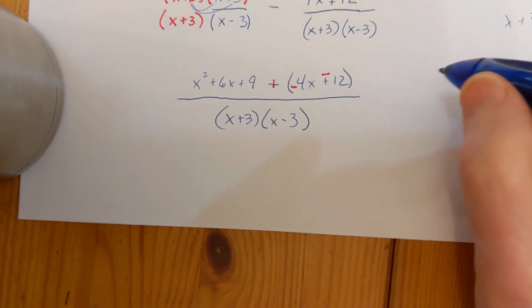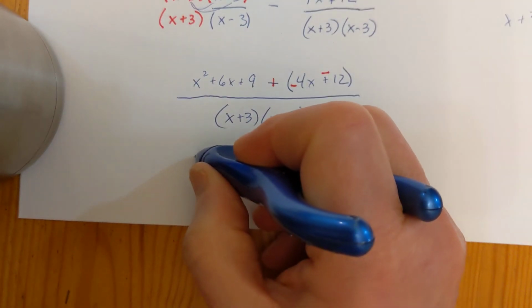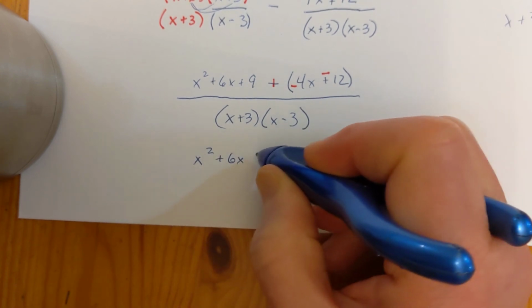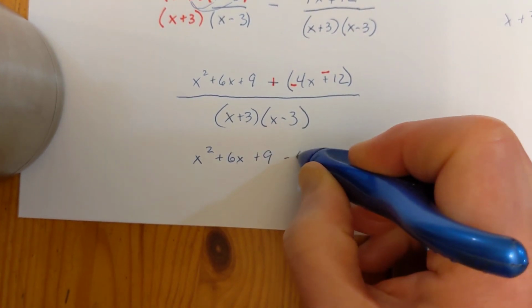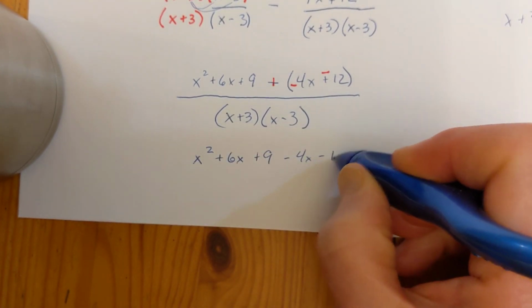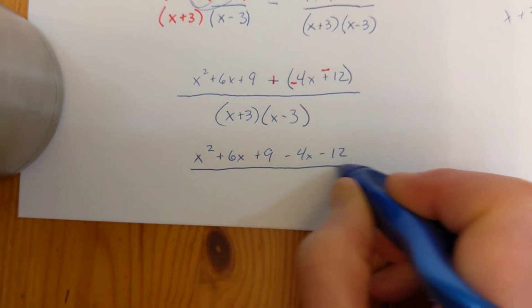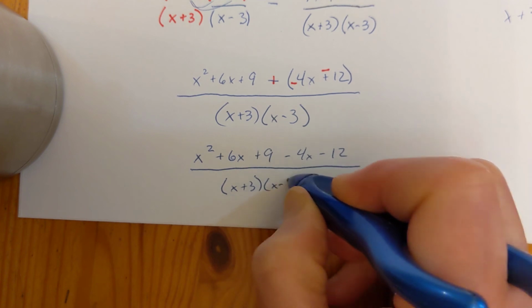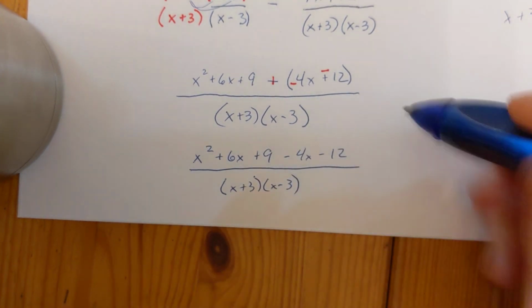I'm going to have x squared plus 6x plus 9 minus 4x minus 12 over x plus 3, x minus 3. Notice I leave my denominator factored.